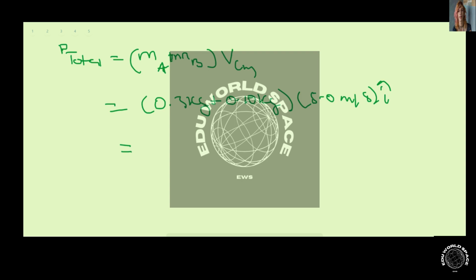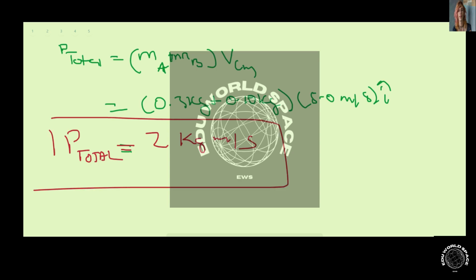That's the total. So if you plug in those numbers, you get that the total momentum happens to be 0.4 times 5, so that gives us 2 kilogram meters per second. That's the total momentum of the system.